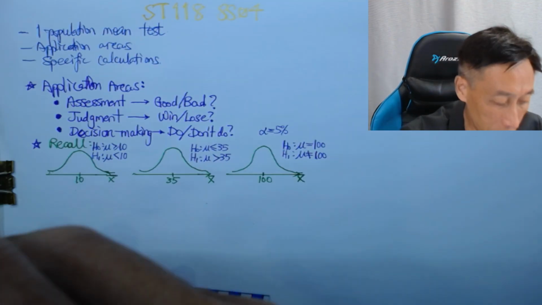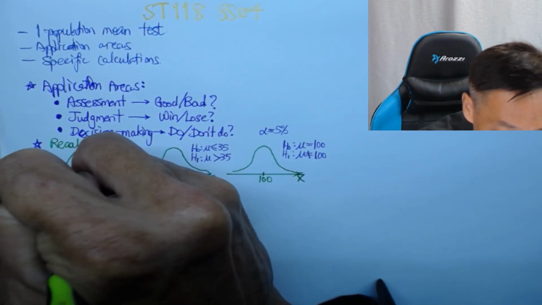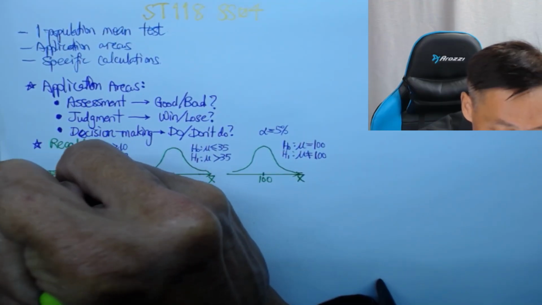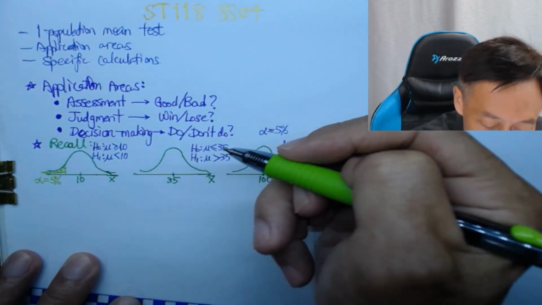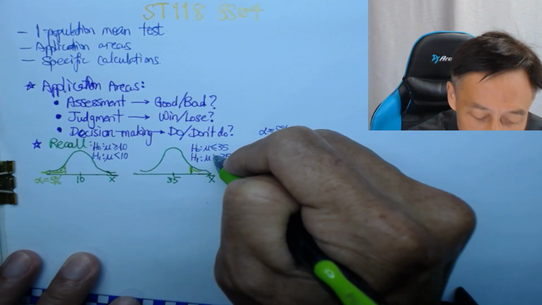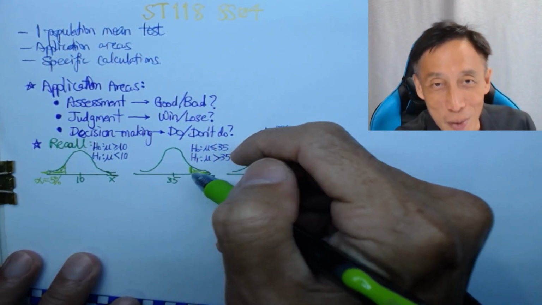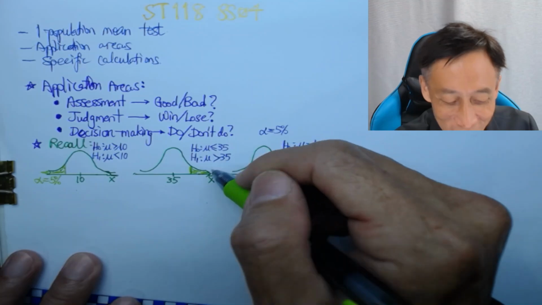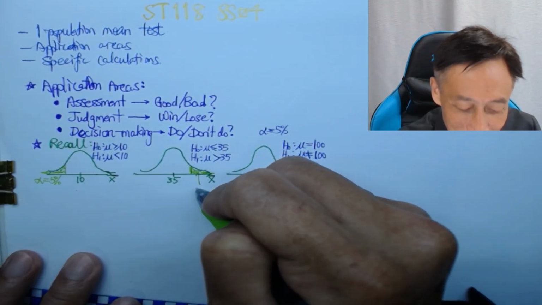So let's finish up the picture, this is the alpha. So alpha equals 5%. And for the right tail test, I go by the H1's little sign here. It's not really mathematical, but this greater than sign seems to be an arrow pointing to the right, so it is right tail. But it works.